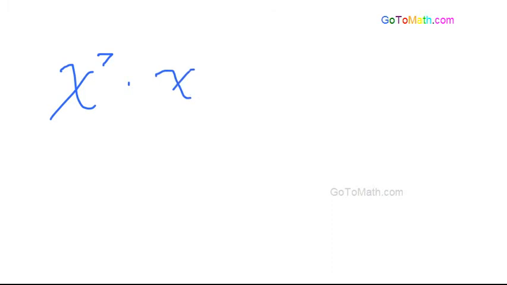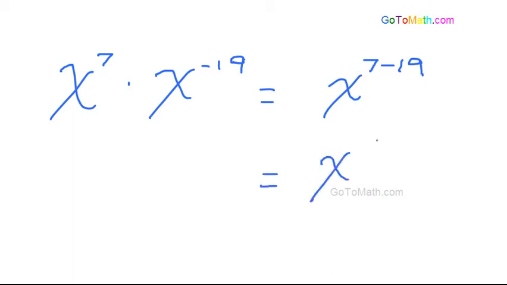If you've caught up with the last few problems, you should know how to do this. So this becomes x to the 7 minus 19, and simplifying that, we'd have x to the, what do we got on that? 7 minus 19 is negative 12, right?